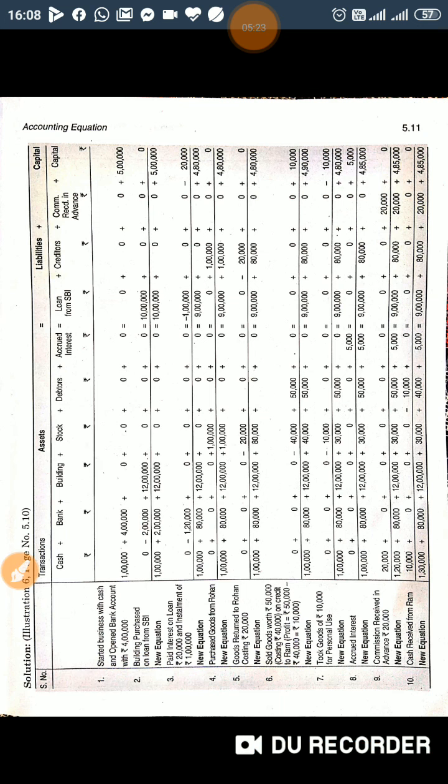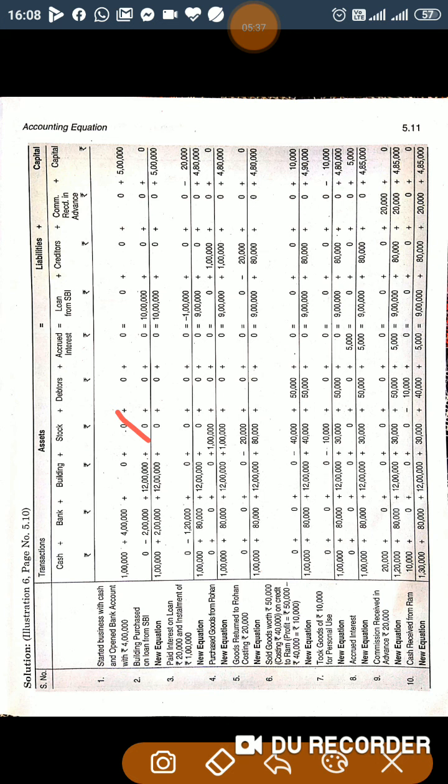Now next is building purchased on loan from SBI. So they have purchased a building for rupees 12 lakh. So building will be added, 12 lakh, and at the same time they have paid by taking a loan from SBI of 10 lakh. So SBI loan as a liability is increased, should be added, and the rest of the balance is paid through cheque, that is bank.